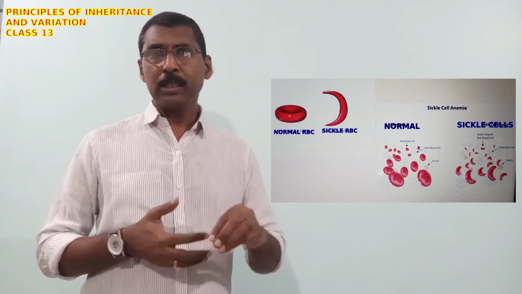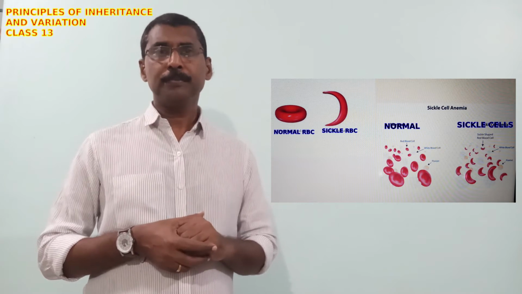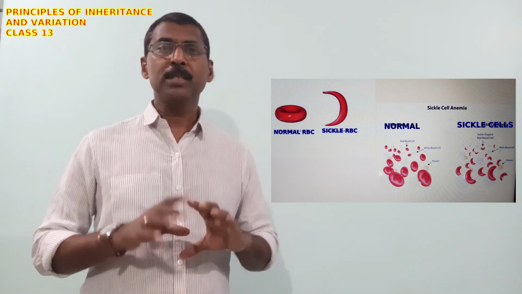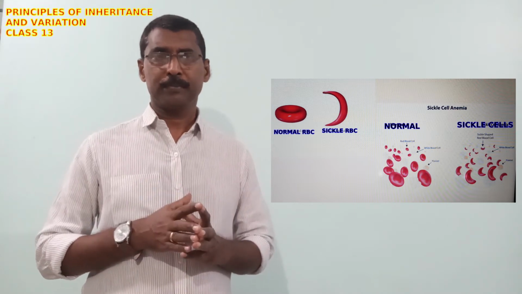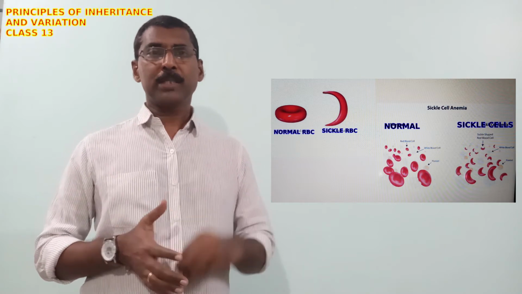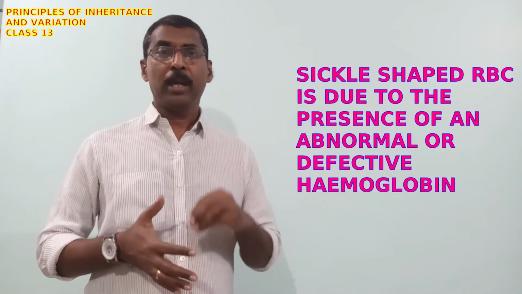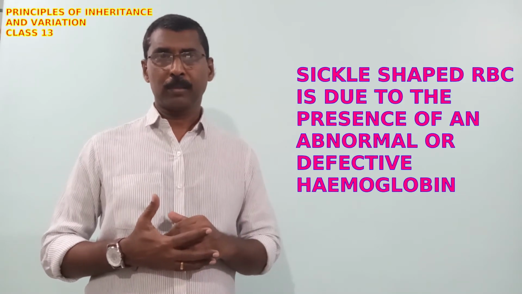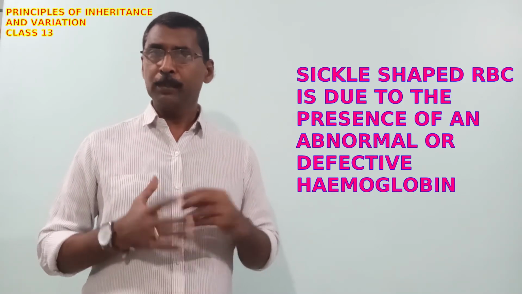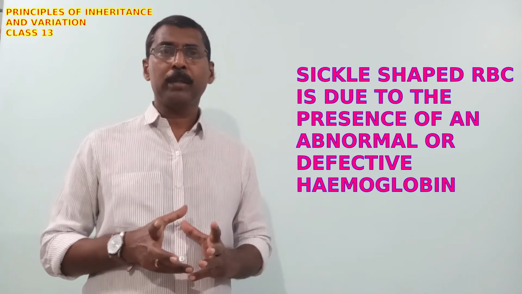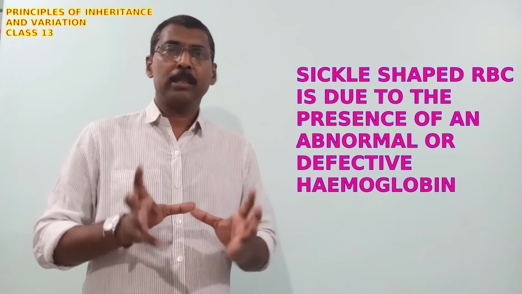But in people with sickle cell anemia, the RBCs become sickle shaped, and that is due to the presence of an abnormal hemoglobin in the RBC. When the RBC carries a normal hemoglobin, it is spherically shaped.